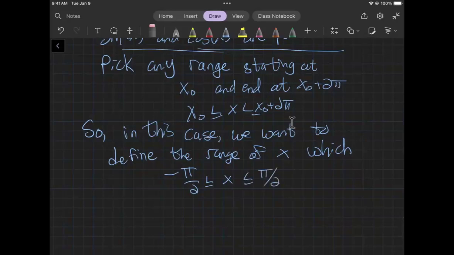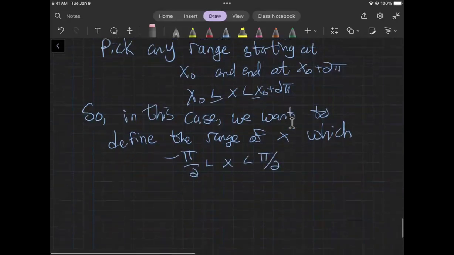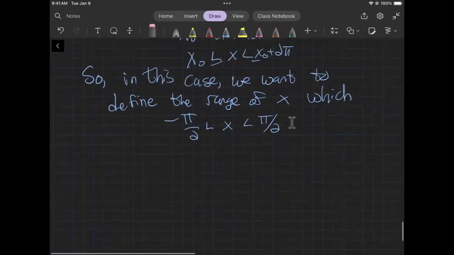You'll see why we're not including minus pi over 2 here in a moment.